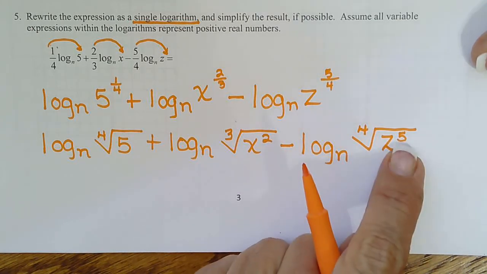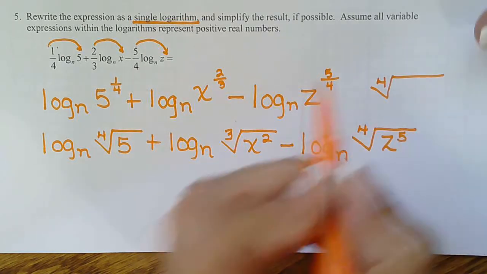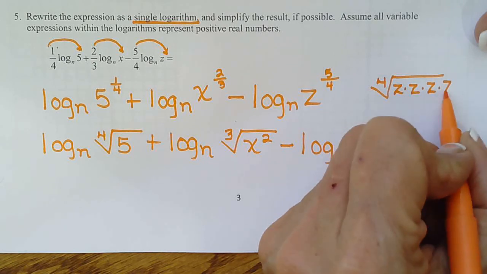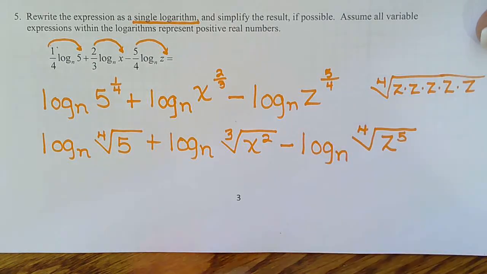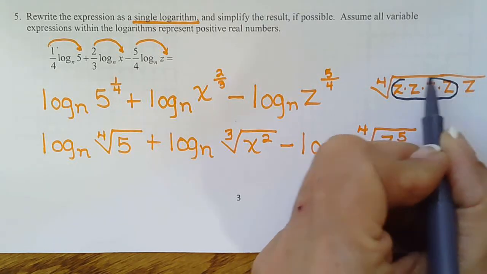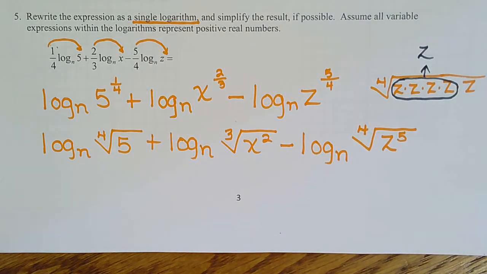This can be simplified. Remember, 4 z's come out as a single z, and this is 5 z's. So these 4 are going to come out as a single z. And then we have a z still underneath.